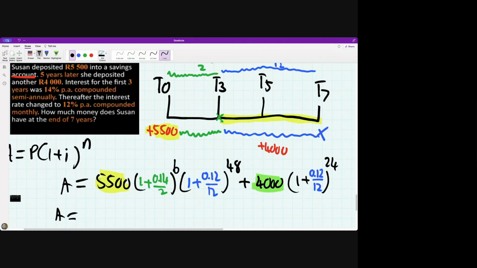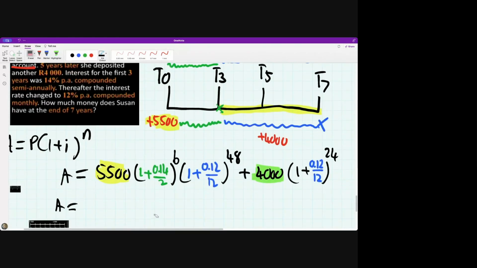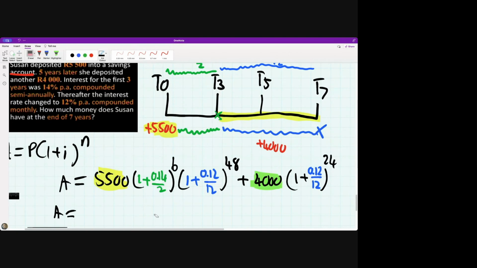But here's your tip. After you've keyed in this bit, press equals, then get the next bit, then go equals, plus, and then do that. Otherwise, if you try and round and carry and write down, you're going to be here till next week. So see what you can get for me as an answer. And then you've done quite a hard question.